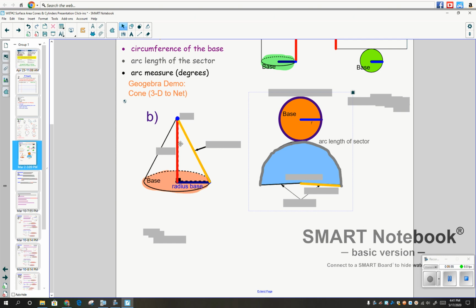Then we have the height. The height goes from the top all the way down to the bottom. Do I have that in my net? No, I do not. The cone meets up at a point. That point is referred to as the apex. And actually, this point right here is where the apex would be in the net.